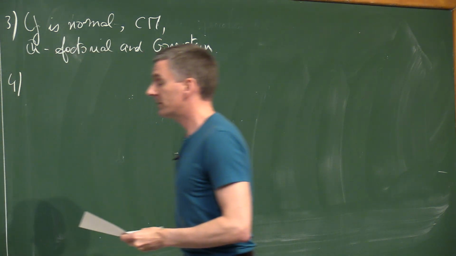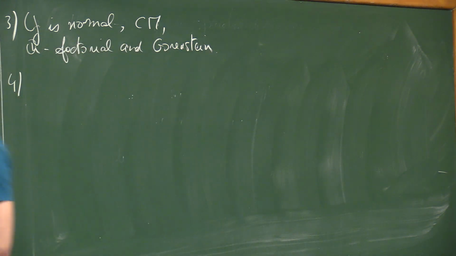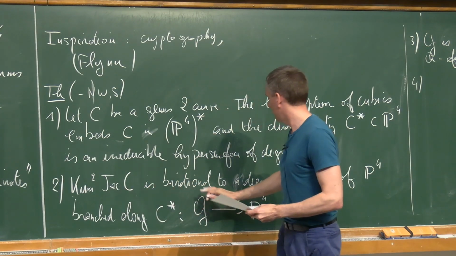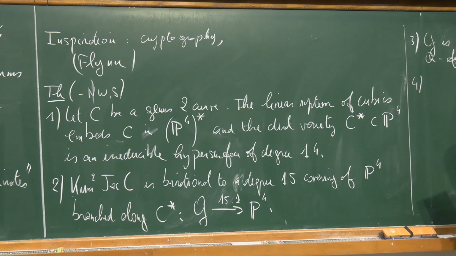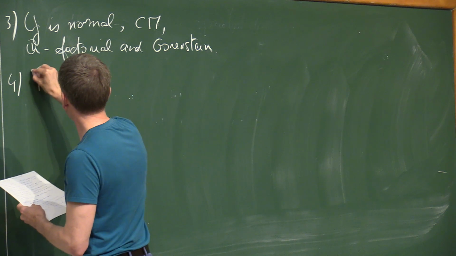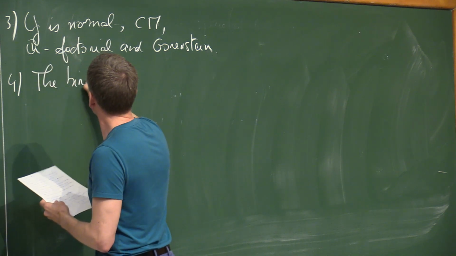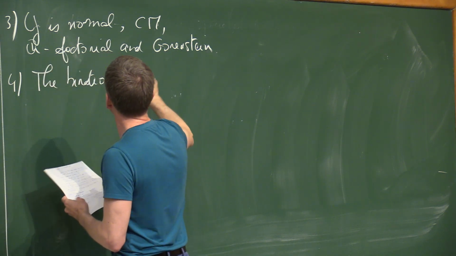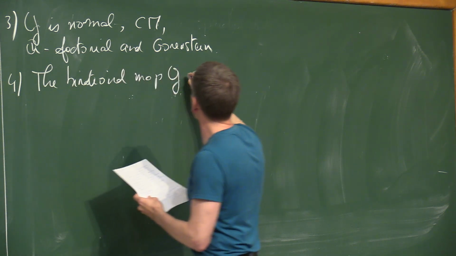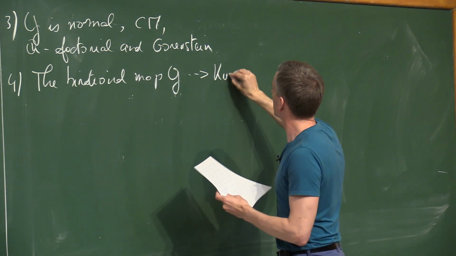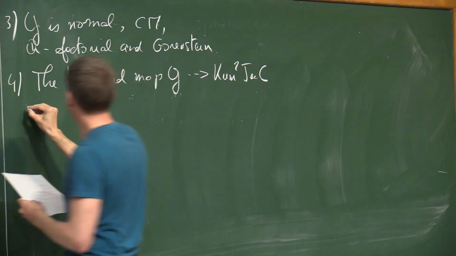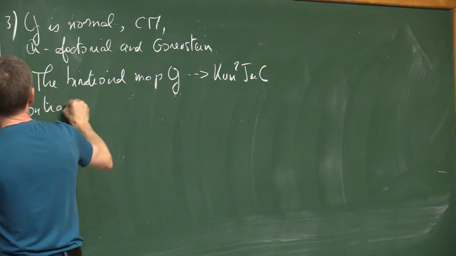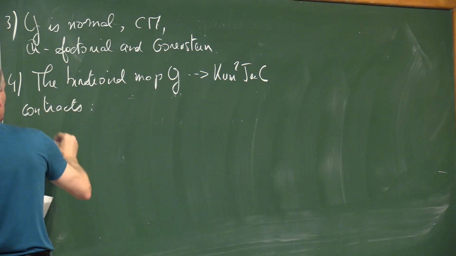And one last piece of information. I want to be more precise on what I mean by it is birational to this Kummer fourfold: we control what happens. The birational map from G to the Kummer fourfold contracts two divisors.